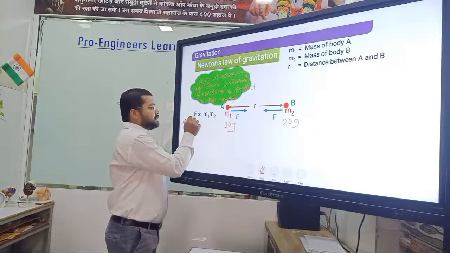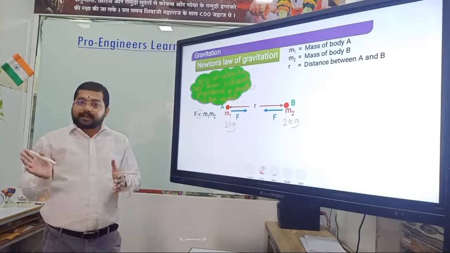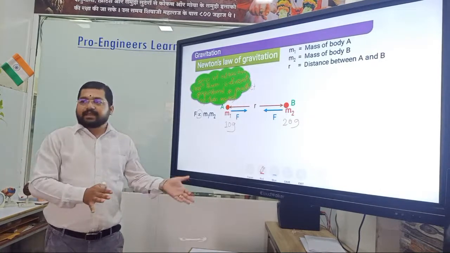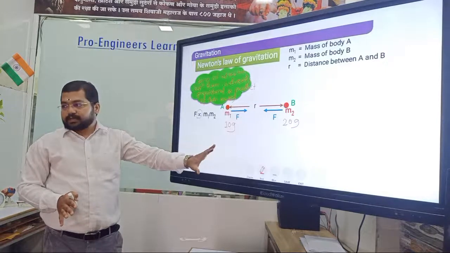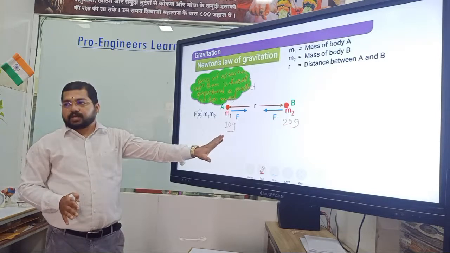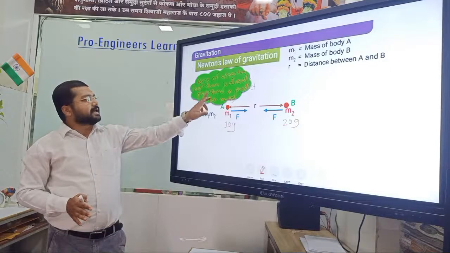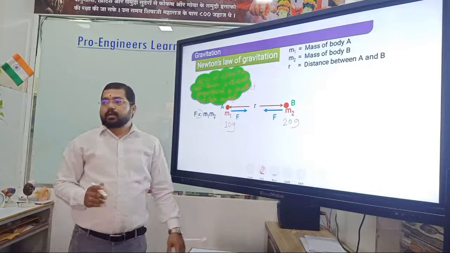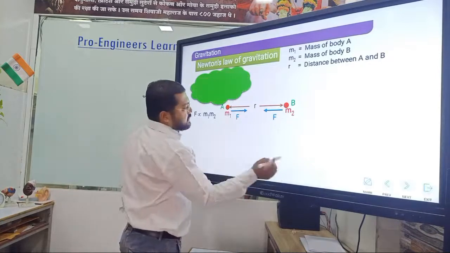Because it is just proportionality. When it comes to equality, then we can consider that yes, it must be 200 newtons. But it is not like that. So for proportionality, the first statement is: force of attraction between them is directly proportional to the product of their masses. Now what is the second statement, that we'll see.